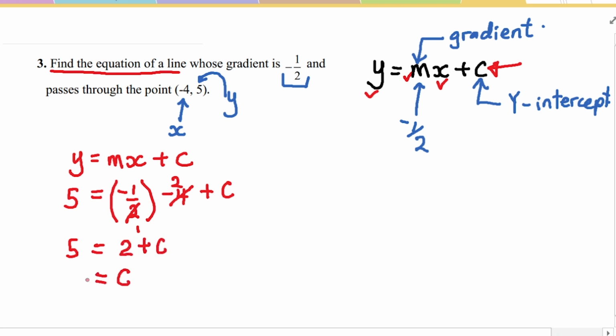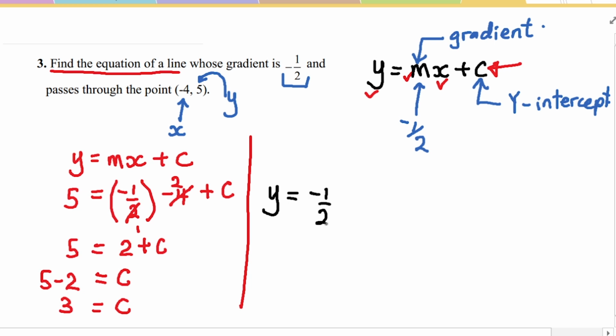So the value of c is 5 minus 2, which is 3, so c = 3. Now that we know c is 3, our value of y is going to be m, the gradient -1/2, times x, plus our value of c, which is 3: y = -1/2 x + 3. And that's the answer.